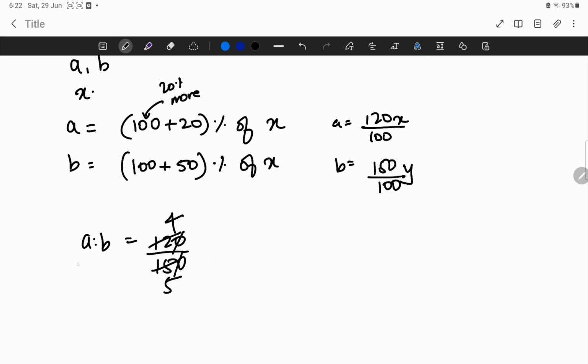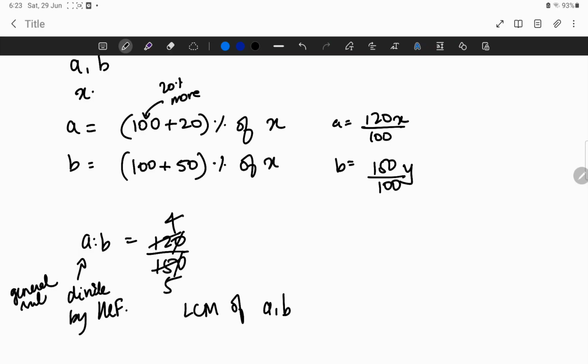You always divide by the highest common factor, such that the least common multiple of a and b, so this is a general rule, a and b should be a into b. Okay, so this is 4:5, and that is our final answer.